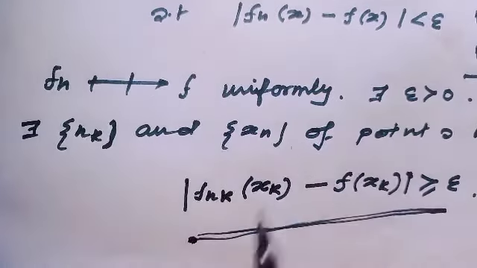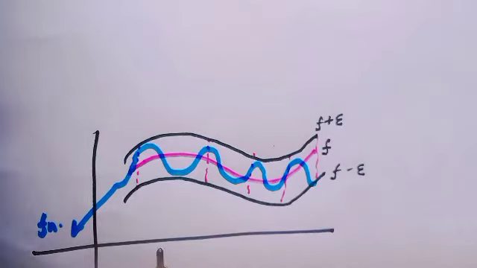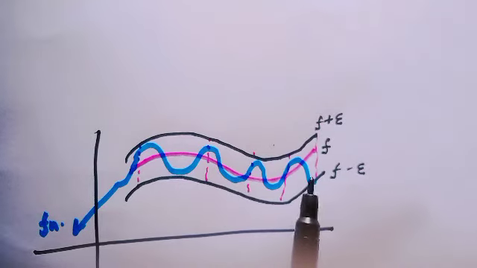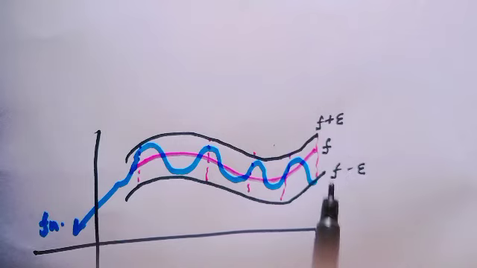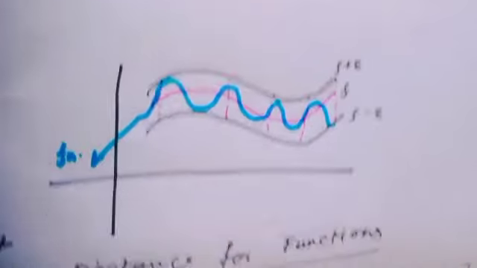It is the same for uniform convergence. The actual picture of uniform convergence means that after some stage capital N, all the functions fn lie within the epsilon neighborhood of f. This is the picture of uniform convergence we all know.